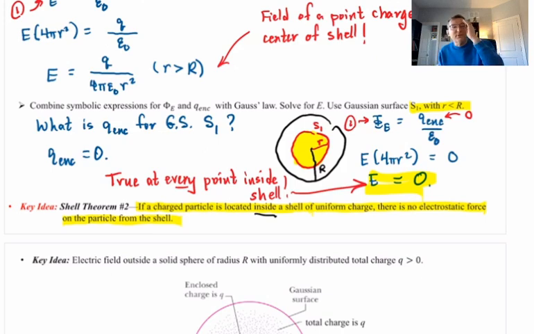All right, now I'm going to use shell theorems 1 and 2 to figure out how to calculate the electric field, both inside and outside, of a solid sphere with charge smeared throughout its entire volume. So now I am imagining a solid sphere, like a bowling ball, if you ignore the finger holes. Okay? A solid sphere that has charge spread all throughout its volume evenly.